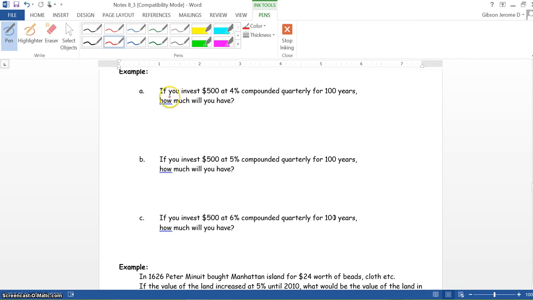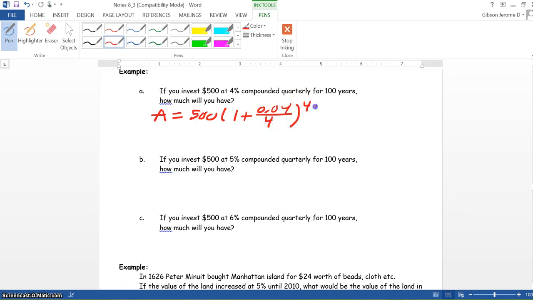Now we come to our next example. It says if you invest $500 at 4% compounded quarterly for 100 years, how much would you have? So we will use this compounded formula. So it'd be A is equal to 500, which is our principal, 1 plus our rate is 0.04, and the amount of times the interest is done is 4 times a year.